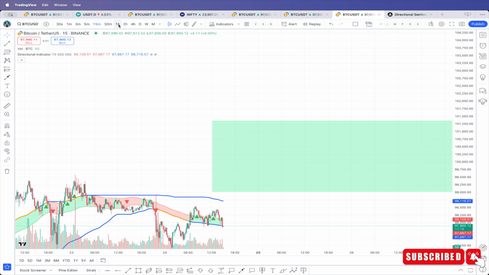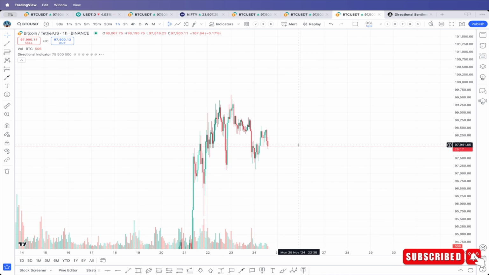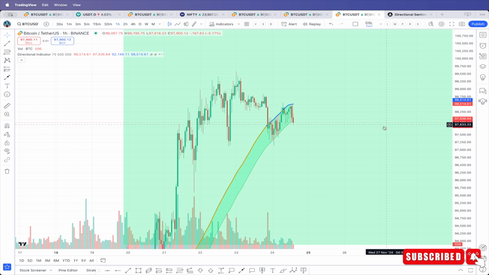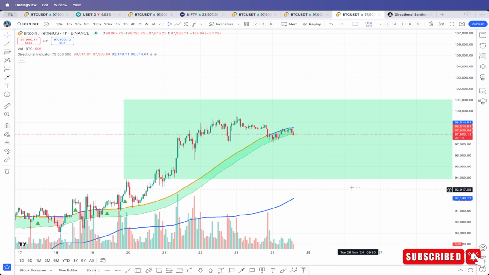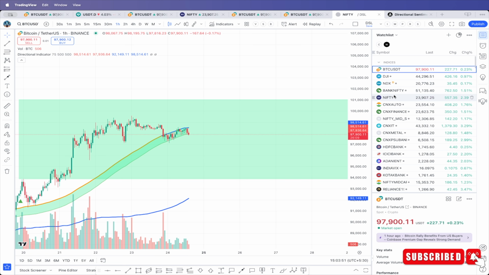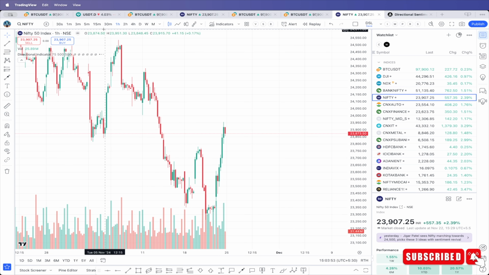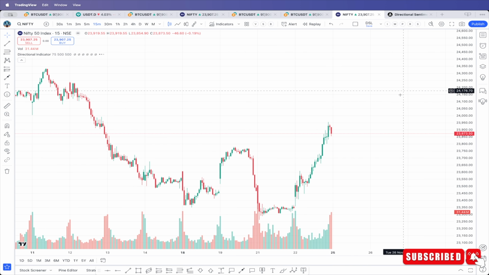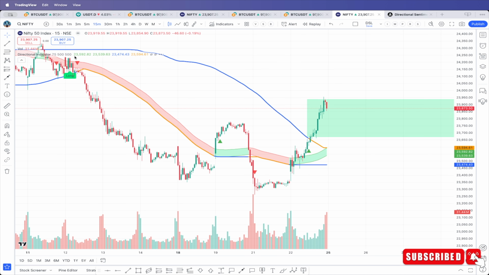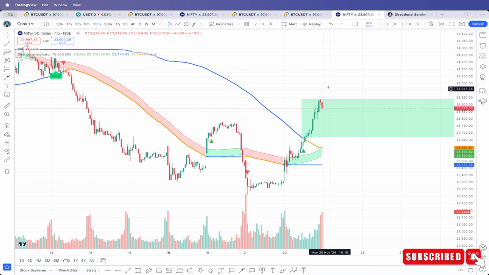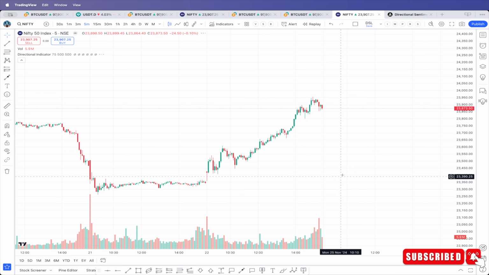Let me see if it is available on the lower range as well. Just to give you an example, it's already in the green zone in Nifty. Let me show you on 15-minute, I think. Let it calculate. No, not here as well.